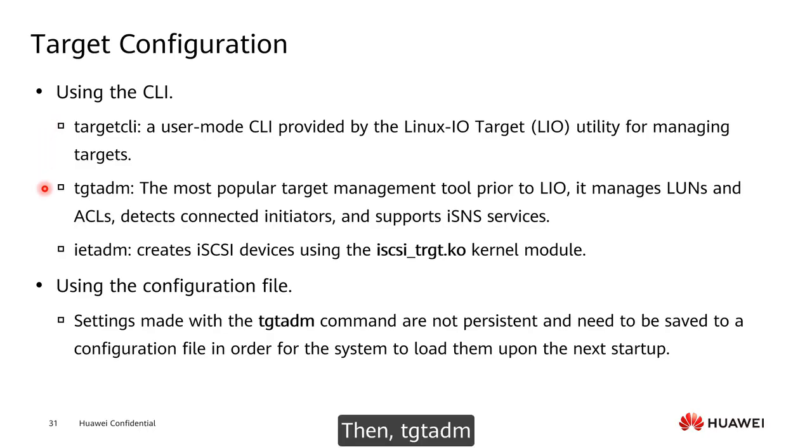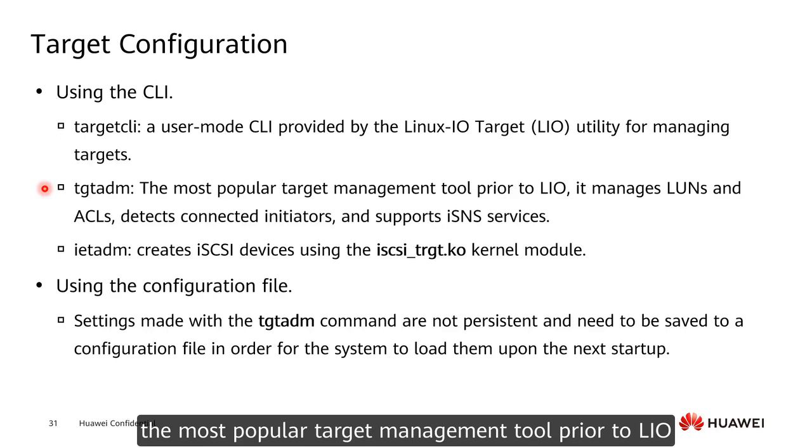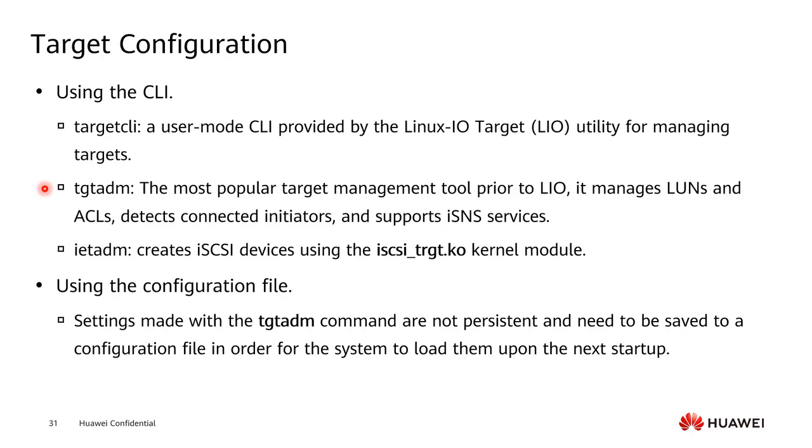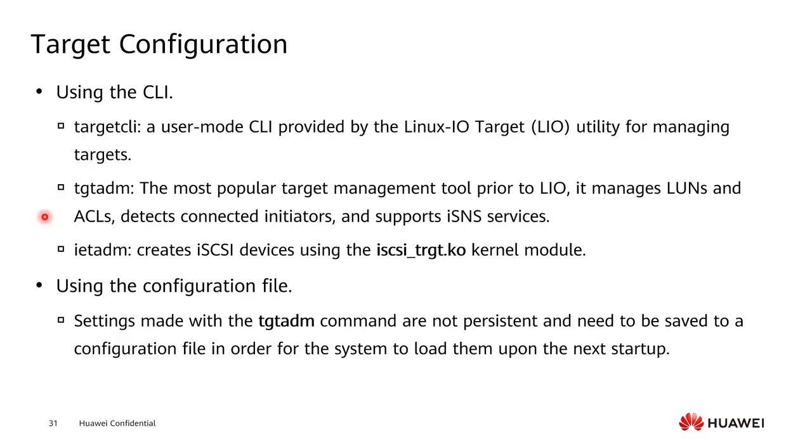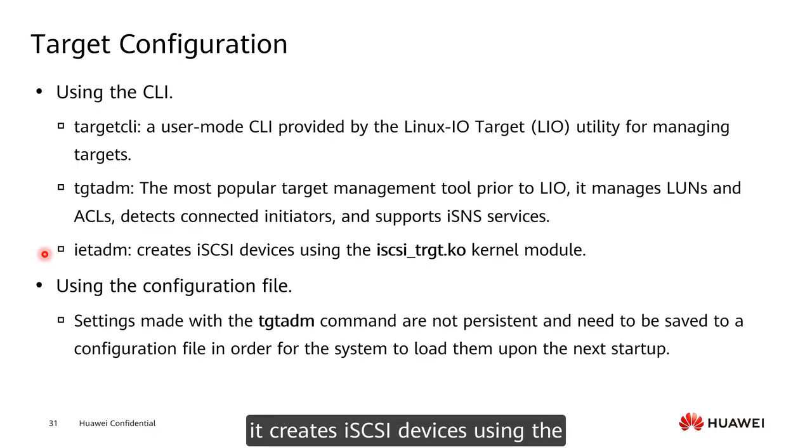Then, tgtadm, the most popular target management tool prior to LIO. It manages LUNs and ACLs, detects connected initiators, and supports iSNS services. Finally, ietadm. It creates iSCSI devices using the iscsi_target.ko kernel module.